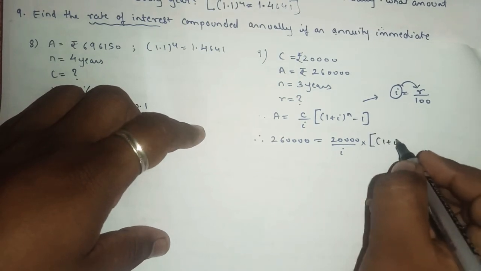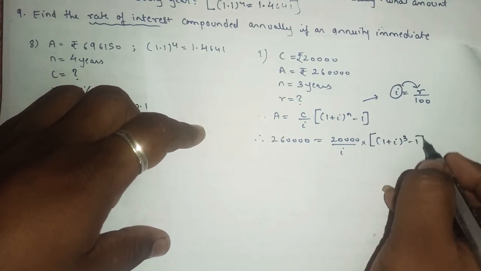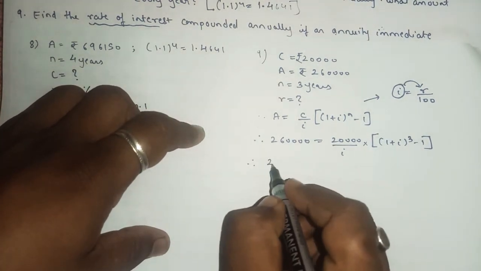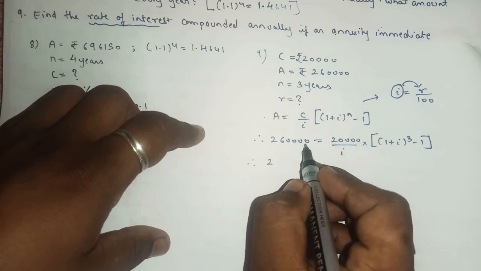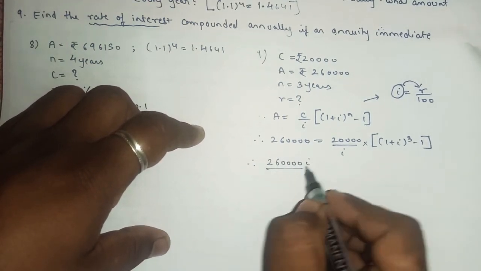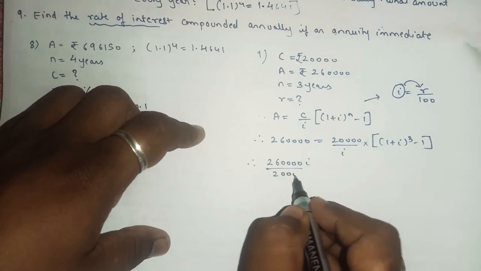So 1 plus i raised to 3 minus 1. Therefore, can I shift this i to the left hand side to the numerator and this 20,000 to the denominator.